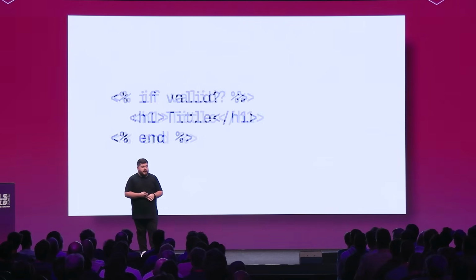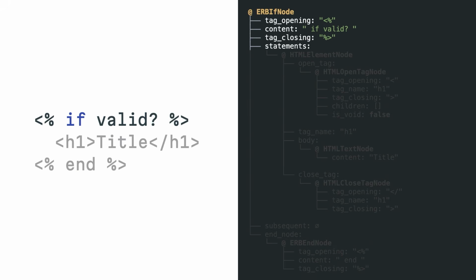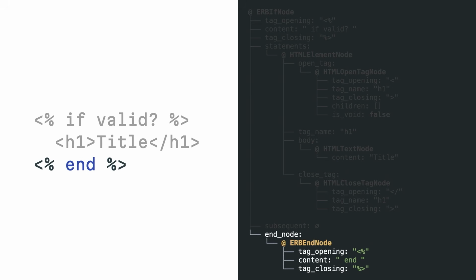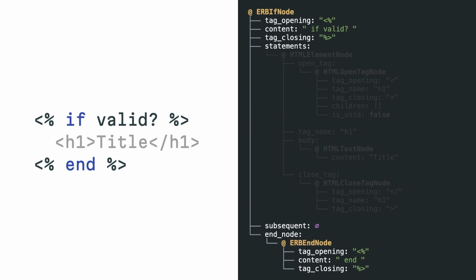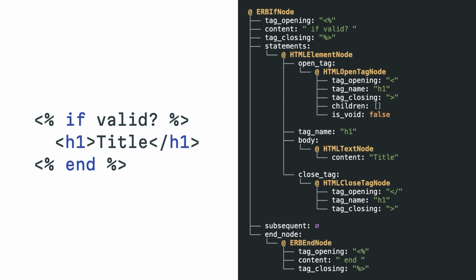And that's what Herb allows us to capture. It has the information about the opening tag and the closing tag at the end, so we can enclose these elements inside of it, and the HTML element itself is contained within it. And with that, we have the hierarchy and everything we need to build out advanced tooling.